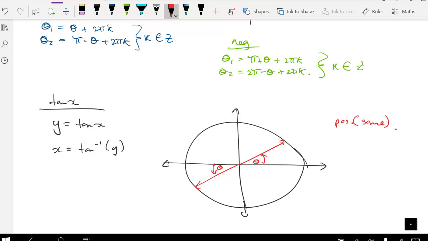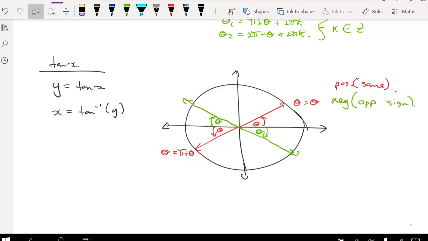Okay, so we're looking at our angle just being theta, or our angle being pi plus theta. And if we're looking at the negatives, then it means either the x or the y are negative and the other is positive. So we end up in these two quadrants. So negative, they have an opposite sign.